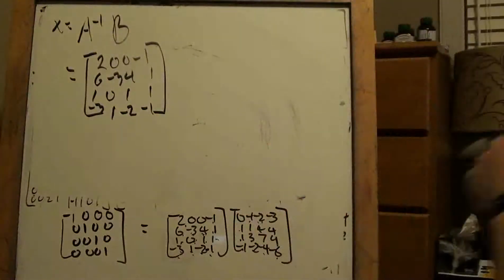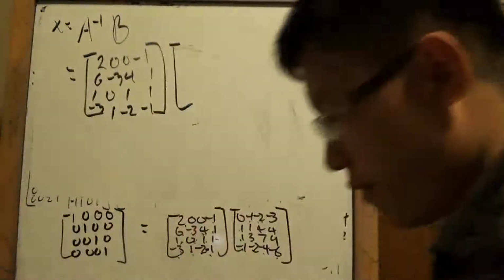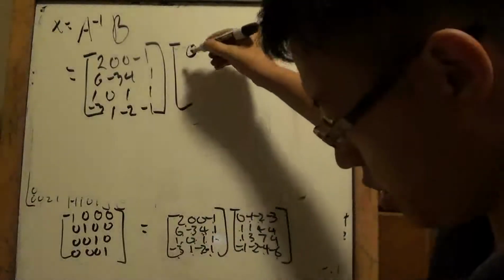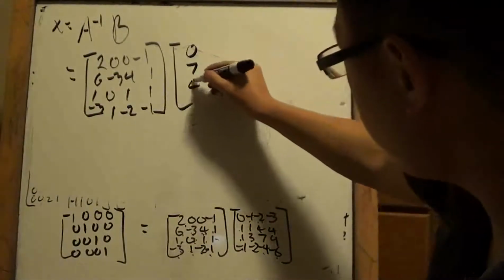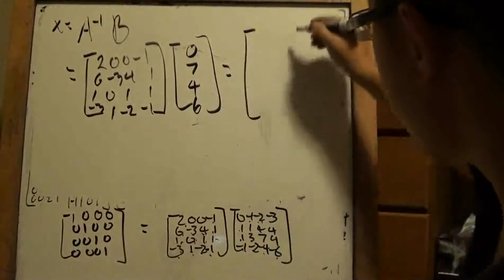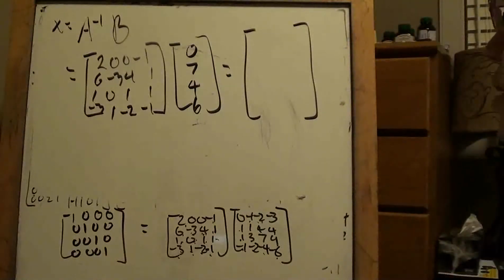Then times b, if you remember from the question, it was supposed to be 0, 7, 4, 6. If I do that, then I should be getting all the solutions. Okay, so let's make that happen.